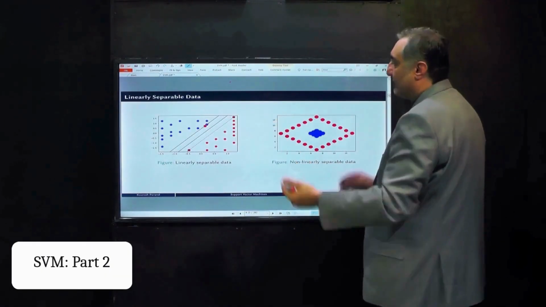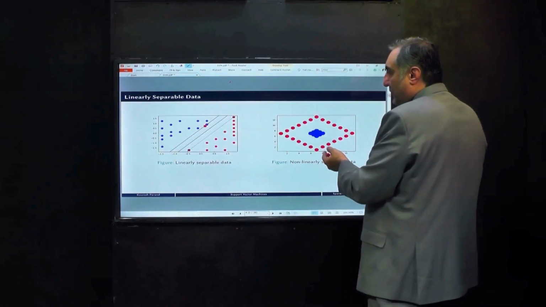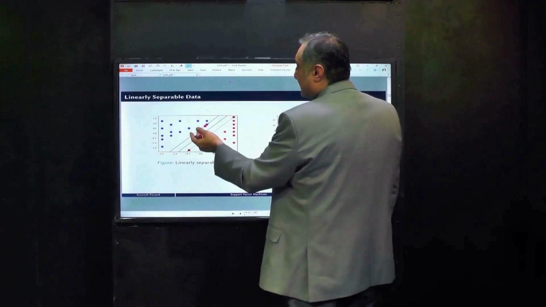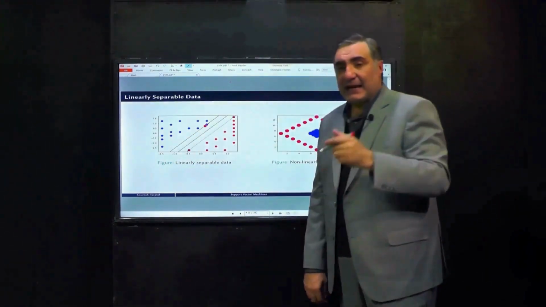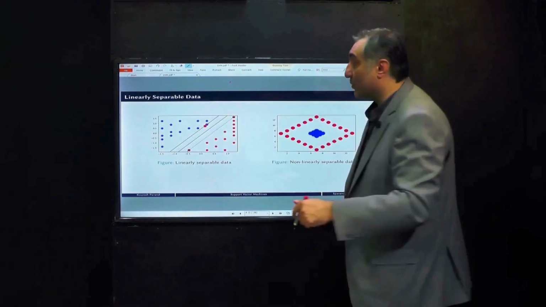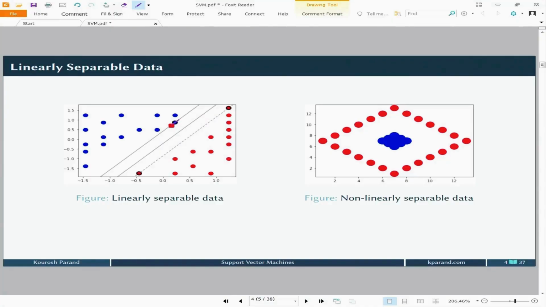But right now, when you look at the left image and the right image, you can see that here they are linearly separable. Today, in this session, my assumption is that my data is linearly separable. We can separate them linearly, so with this assumption, I'll start my work.